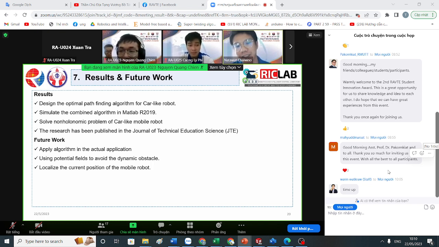I'm not sure, but the difference of your project from others is the algorithm, right? Yes, this is the algorithm that we designed, and we combine three small algorithms into my proposed algorithm. So what is the difference when you combine them? Is it smarter, smoother, or something?